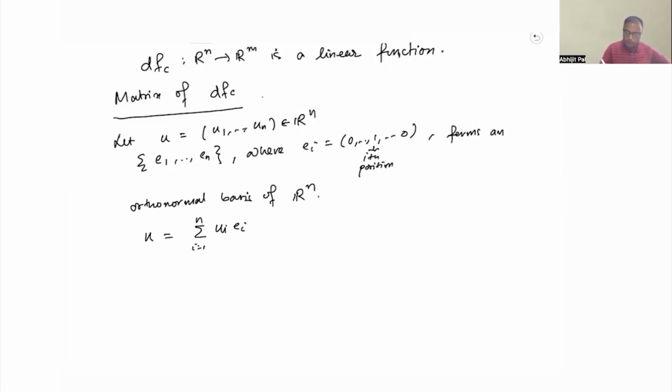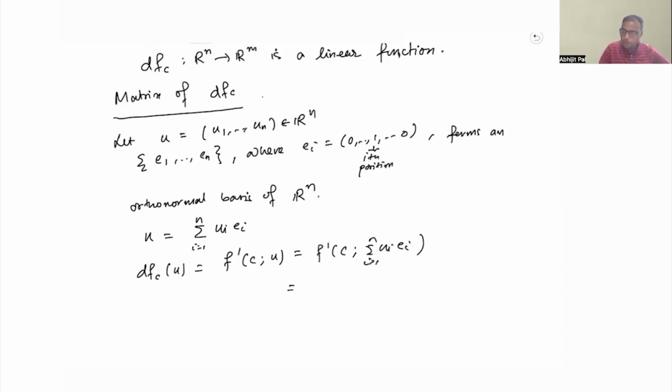Now what is my df_c of u? This is f prime c evaluated at the point u. So this is f prime c of summation ui ei.